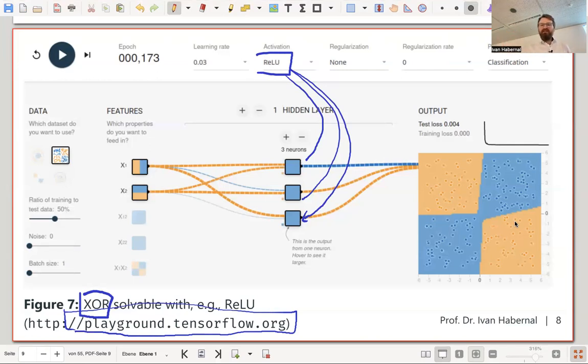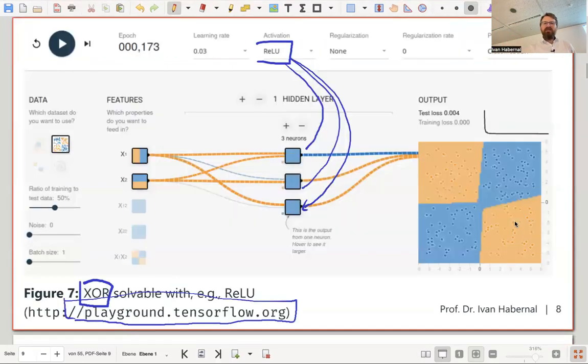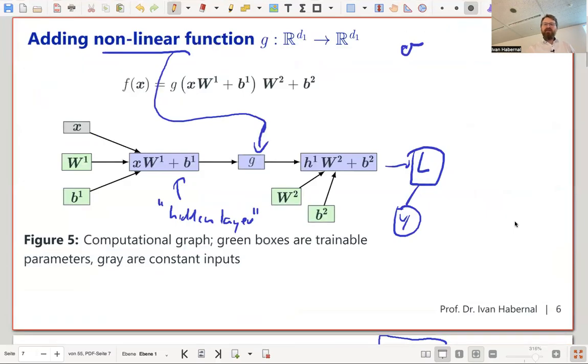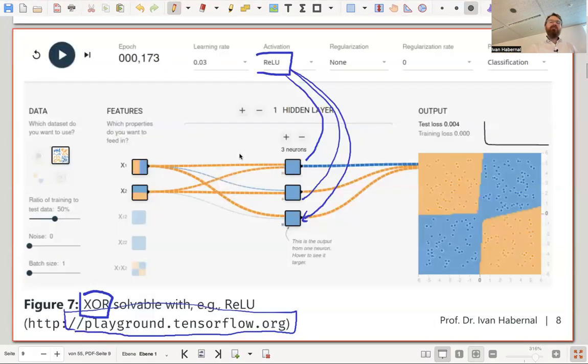Now we implemented something which is deep learning already. This is a one hidden layer neural network, and there are billions of theoretical properties of these things. Actually, if you have enough hidden neurons, these nodes in the one hidden layer, you can approximate any function.